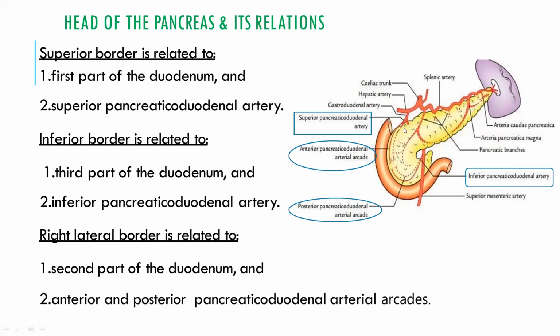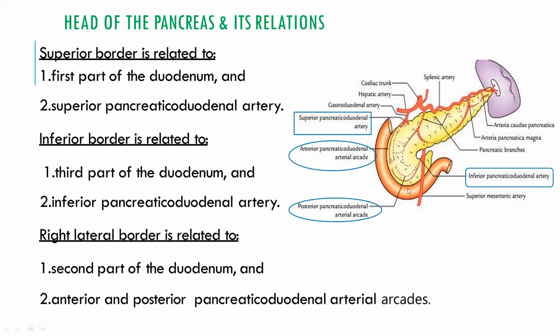So this is the superior border, this is the inferior border, and this is the right lateral border. This is the first part of duodenum, second part, third part, and fourth part. The superior border is related to the first part, the inferior border to the third part, and the right lateral border to the second part of duodenum.